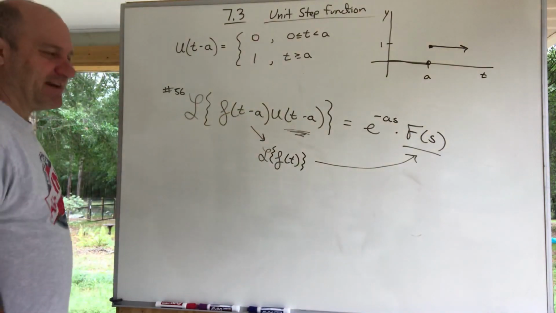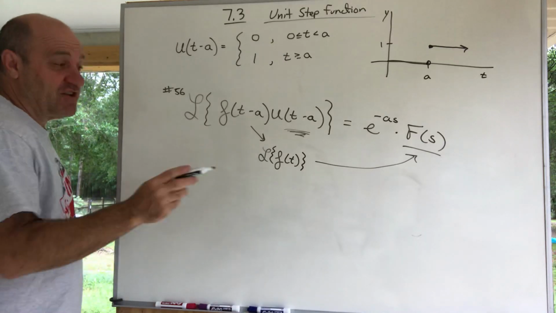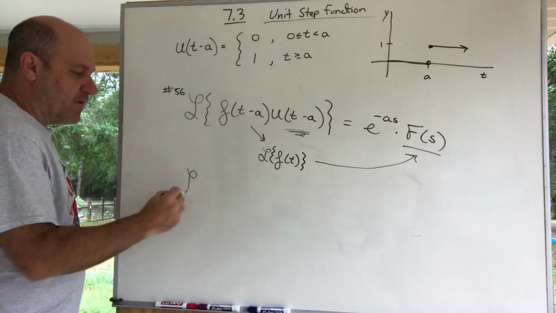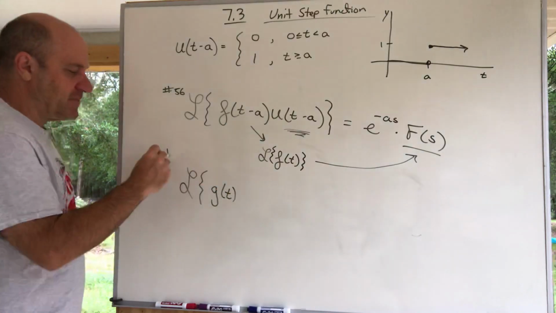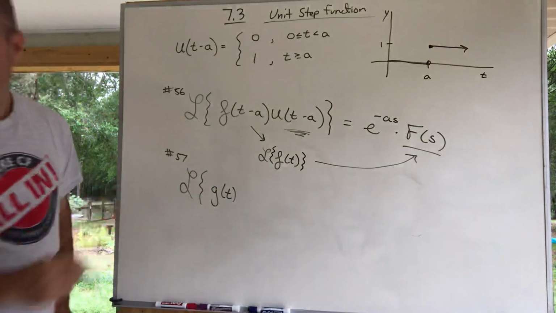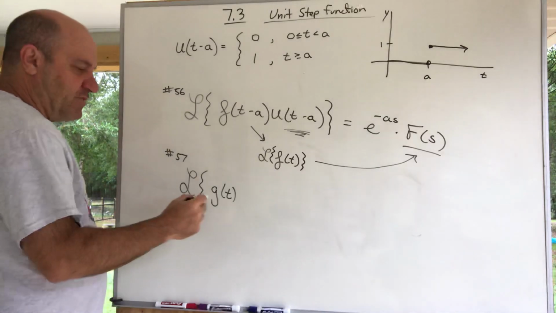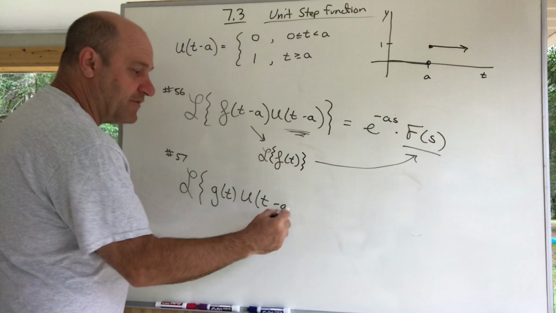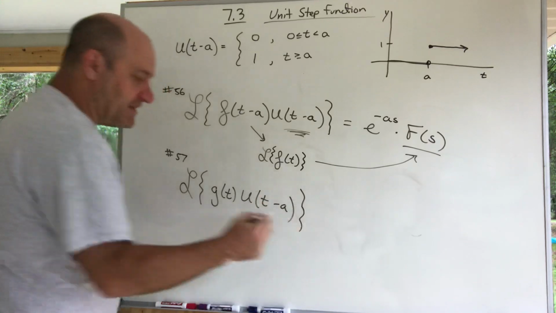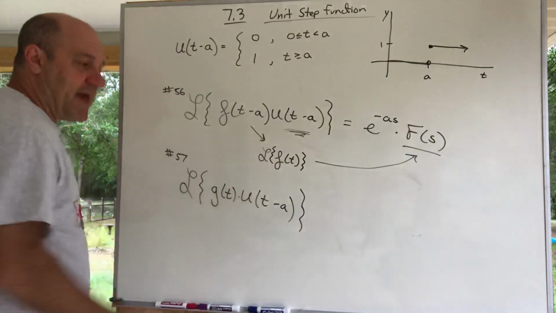We should practice a couple, but I wanted to point out there's another rule. There's the rule when the arguments don't match. It's the rule for g of t that happens to be number 57. And it's when you have a g of t and a unit step function u(t minus a). So we have a unit step function, but this time the argument doesn't match.